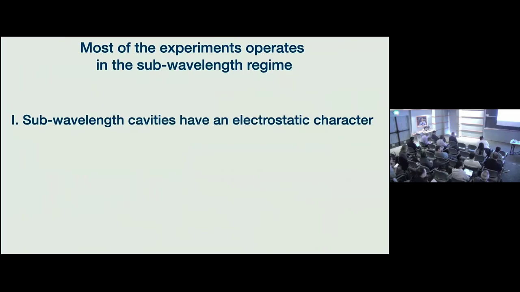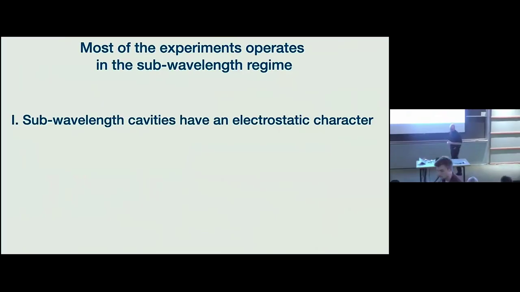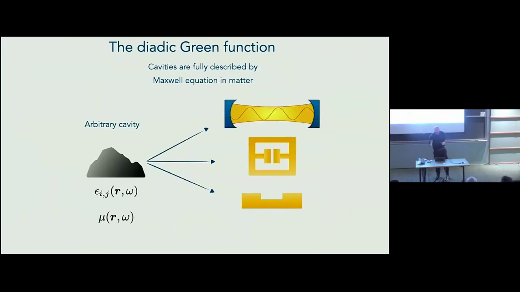So the first thing that I want to convince you is that these subwavelength cavities, all of them, have an electrostatic character, and this means that we can derive a theory which is based on this dyadic Green function that I will explain in a moment, and that describes an arbitrary cavity, all kinds of cavity, as long as you encode all the properties of the cavity, of the mirror, of the hBN that I will put, in this dielectric function, and then you have a permeability function.